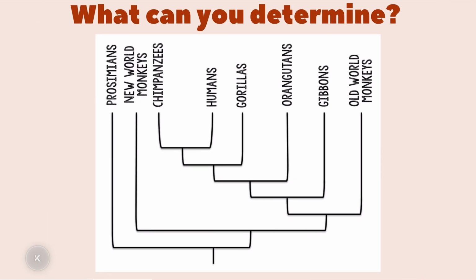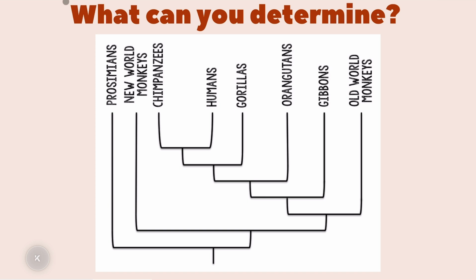So when we look at these, let's see what we can determine from these. We've got prosimians, New World monkeys, chimpanzees, humans, gorillas, orangutans, gibbons, and Old World monkeys. So looking at this, you should be able to tell me which one of these species is the oldest species, which one diverged or speciated first.